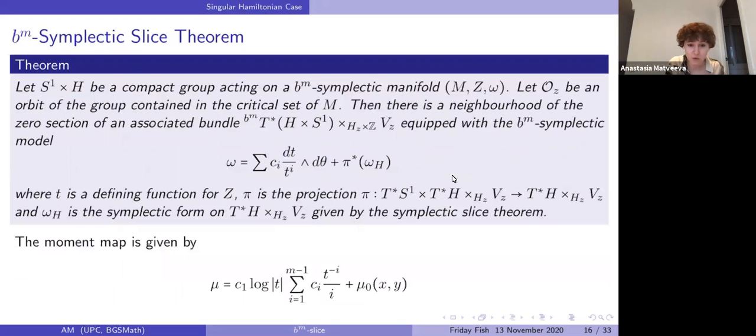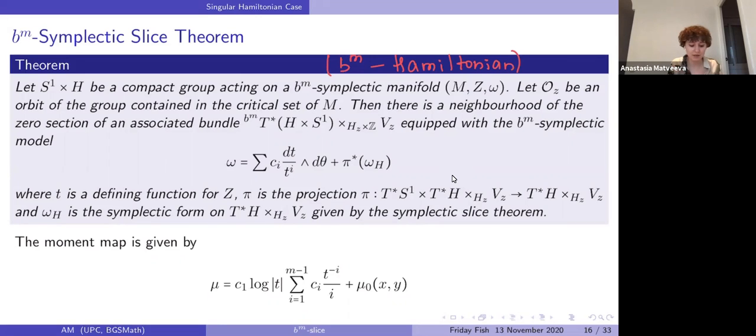So the first theorem that we want to prove is the BM symplectic slice theorem, in this case for the BM Hamiltonian case. So we say that we have an S1 times H action, a compact group acting on our BM symplectic manifold, preserving the BM structure.